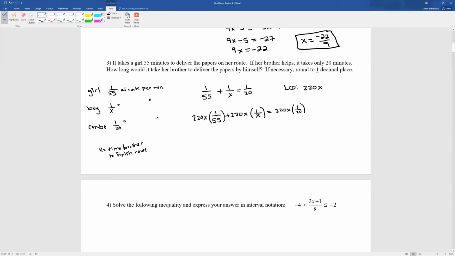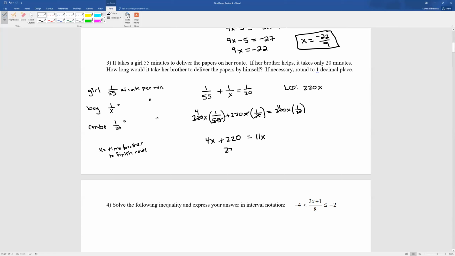Okay, so if we multiply this by everything, that's going to give me 55 goes into 220. You can use your calculator. This goes in 4 times, so that's going to be 4x. The x cancels in the second term, so that's just going to be plus 220. And then in the last side equals the 220x over 1 times 1/20. That 220 goes into that 11 times, so that's going to be 11x.